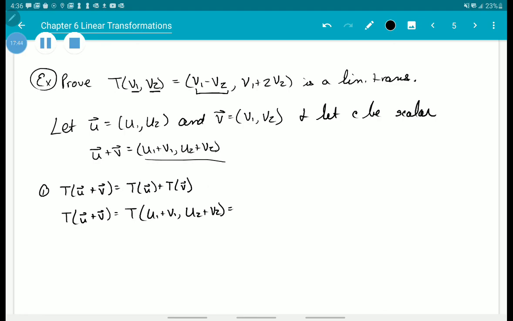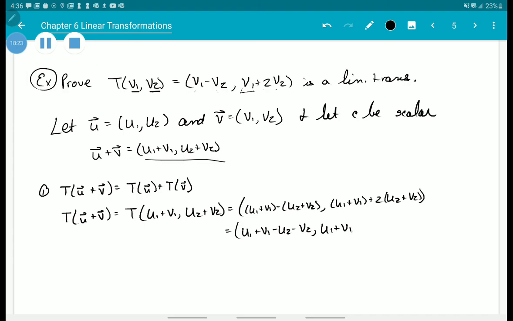And that transformation says it's going to be first component minus second component, and then first component plus 2 times second. So I've got u1 plus v1 minus u2 minus v2, and then I've got u1 plus v1 plus 2u2 plus 2v2.